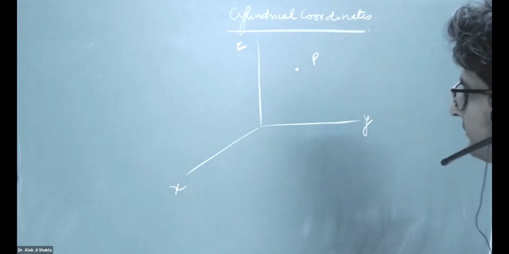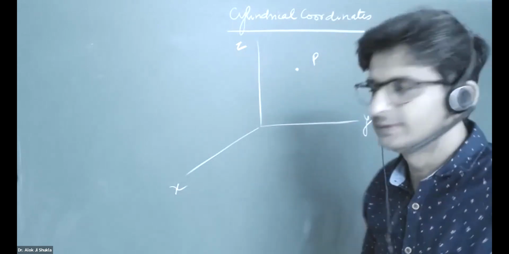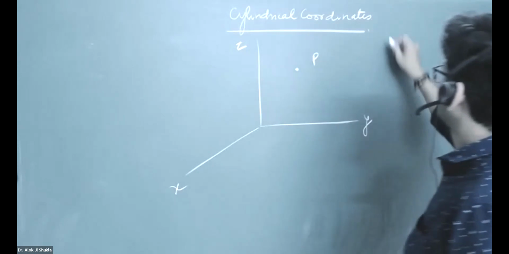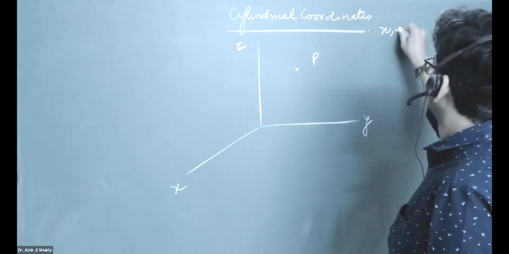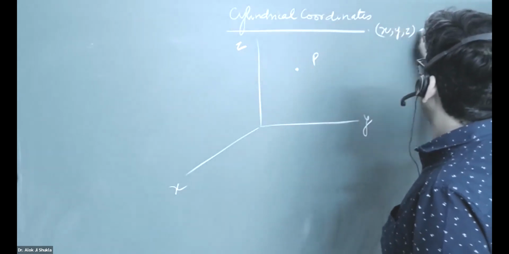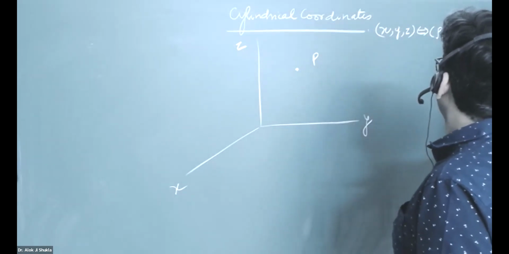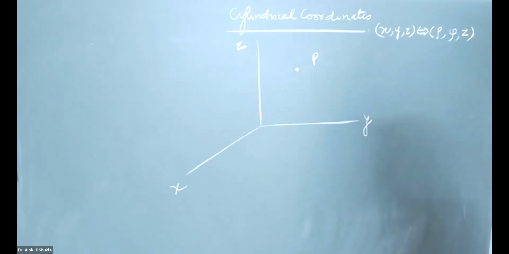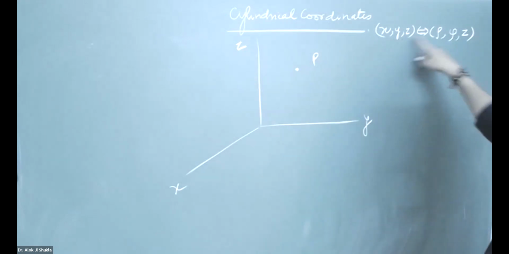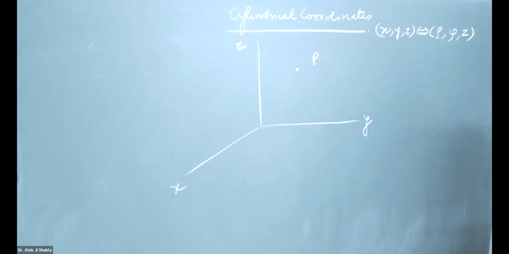Initially we had X, Y and Z. Now those X, Y, Z coordinates will be transformed into rho, phi and z. It will be transformed into a new coordinate system, the cylindrical coordinate system.